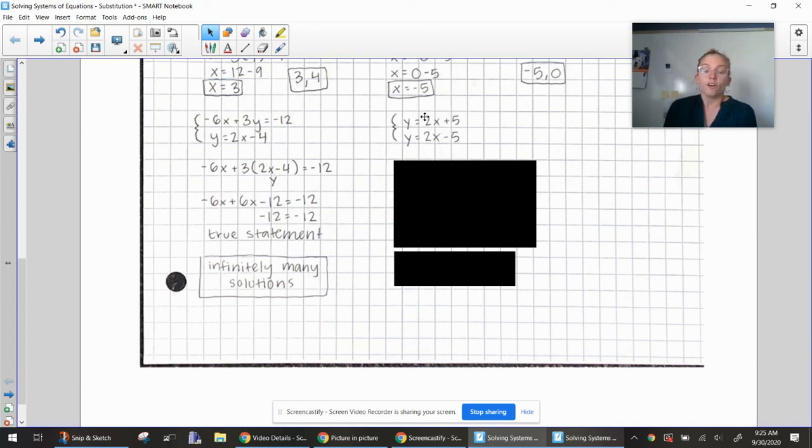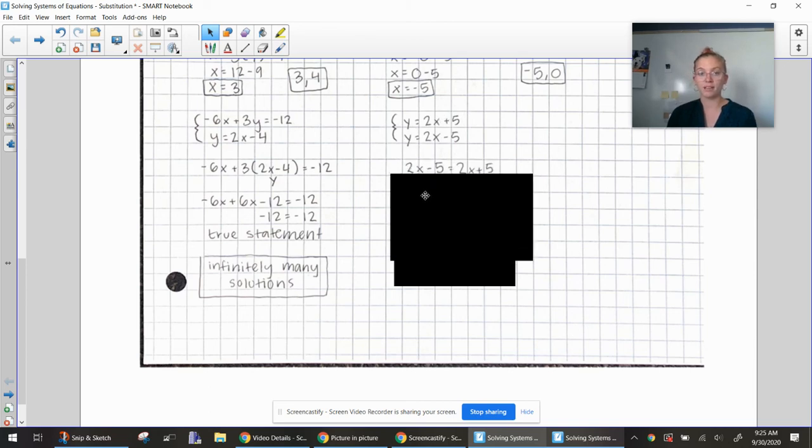Okay, for our last example, we have y equals 2x plus 5 and y equals 2x minus 5. Well, both of these equations are set equal to y, so it doesn't matter which one I choose, but I'm going to take this first equation, y equals 2x plus 5, and I'm going to take the expression 2x plus 5 that's equal to y and substitute it in for this y.